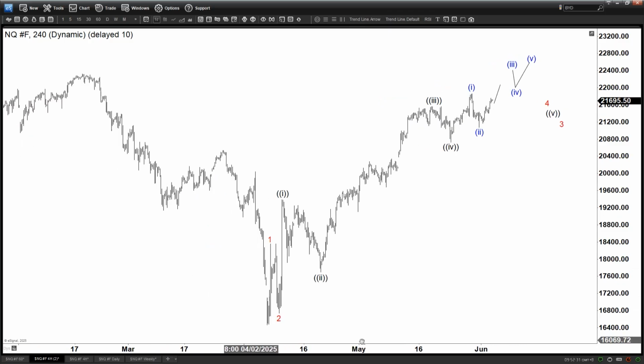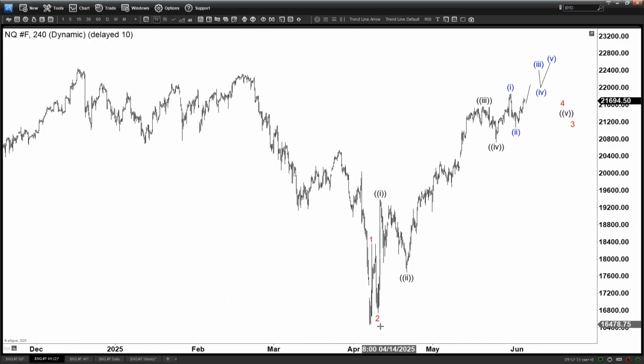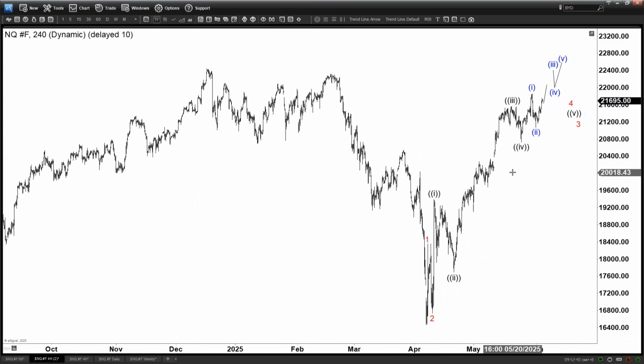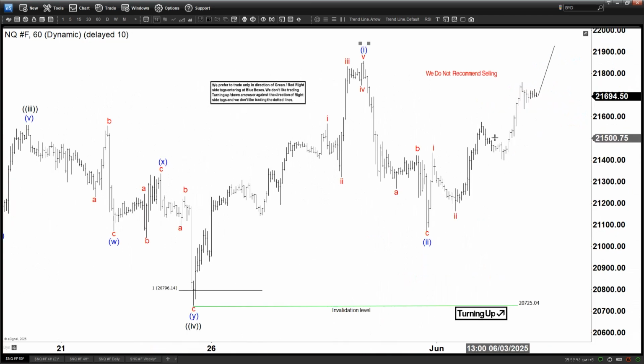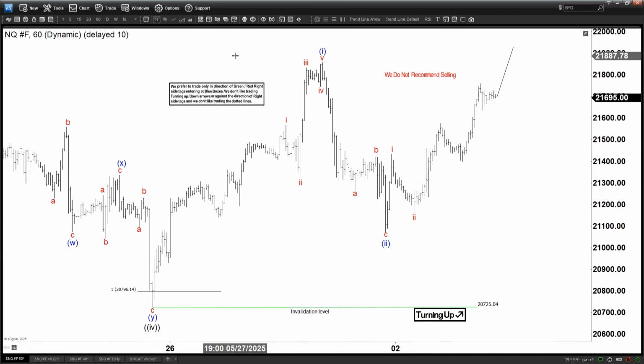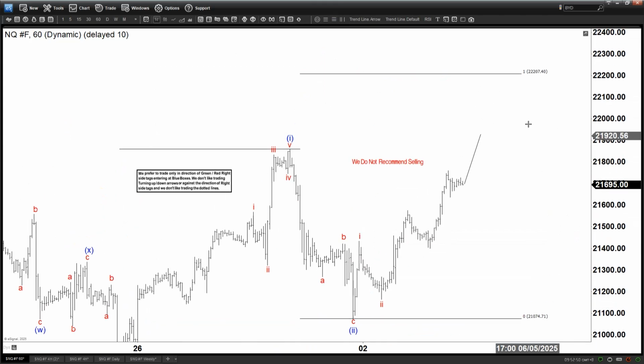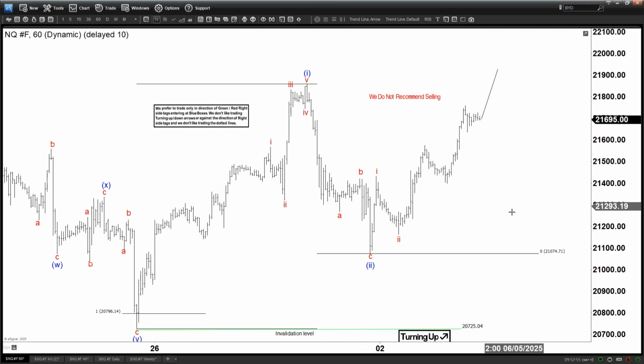Then we can say that this low is really in place back on April 7, and eventually we will make a new all-time high again in the Nasdaq. For now, in the shorter cycle, we are looking for more upside, targeting the next 100% of this. We're going to be targeting somewhere around 22,207 as the next potential target.